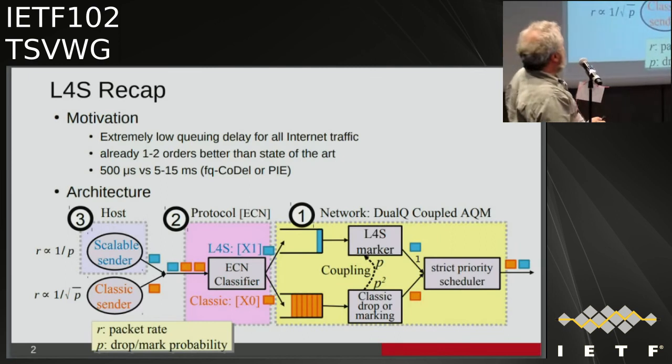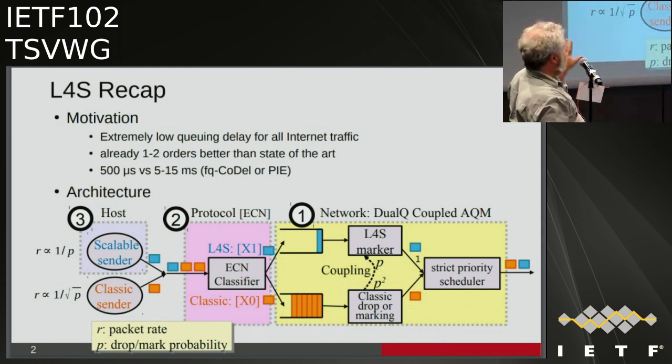A recap. This is the general architecture, this picture. And the motivation for L4S is extremely low queuing delay for all internet traffic eventually, and certainly all applications. Already 1 to 2 orders better than state of the art, about average 500 microseconds versus 5 to 15 milliseconds at best with state of the art active queue management, or hundreds of milliseconds with buffer bloat.